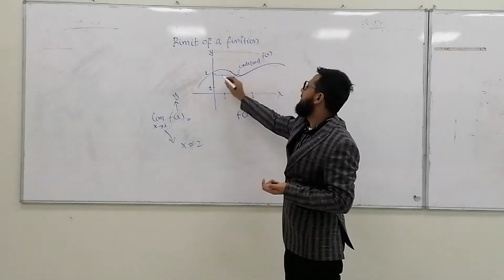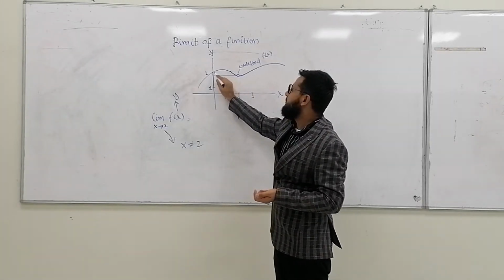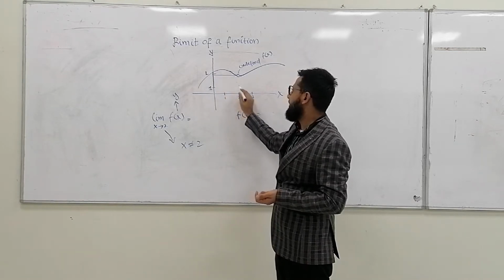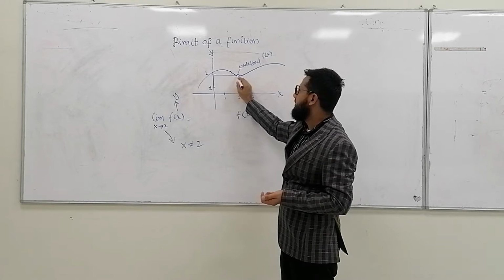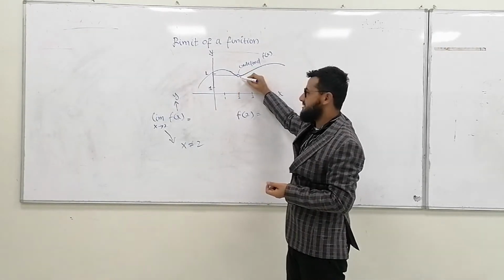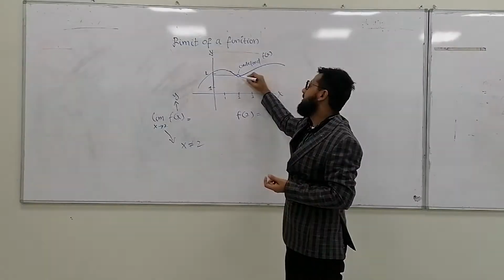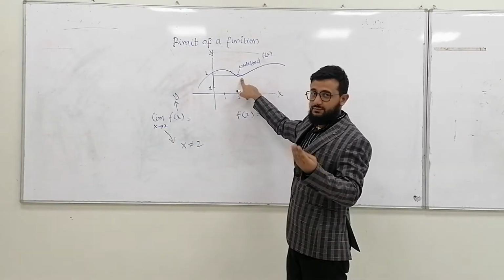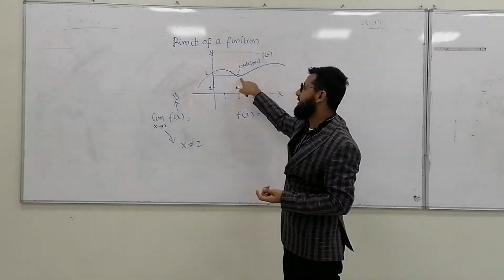Now, we can assume it from here. We are getting closer to x equals 2. Now, let's say we reach that point. We know that there is a hollow circle, so this function is not defined when x is equal to 2. But we don't care about that point.